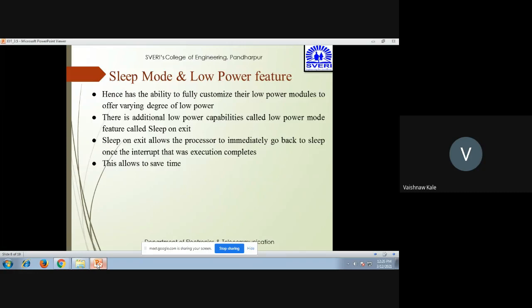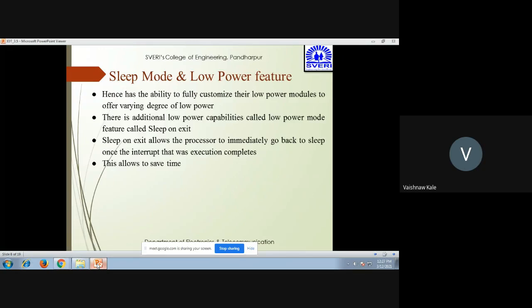Hence, given the ability to fully customize the low power modes to offer varying degrees of low power, there is an additional low power capability called sleep on exit. This is also a very nice low power mode feature. When you exit the program, it will go into the sleep mode, so it is a power saving mode.